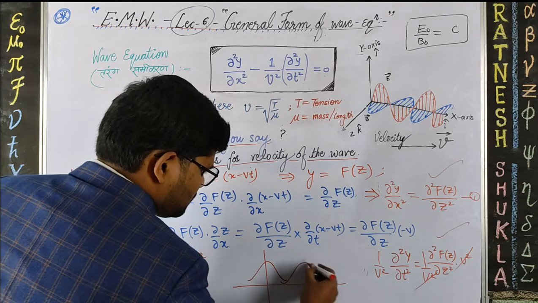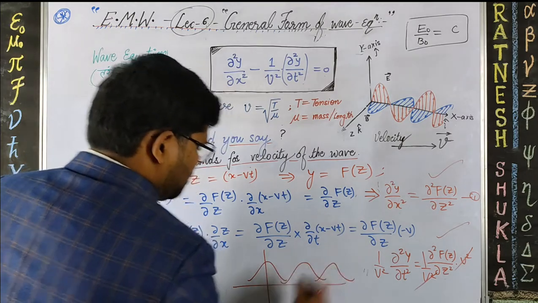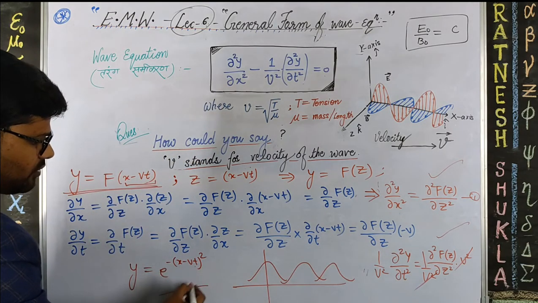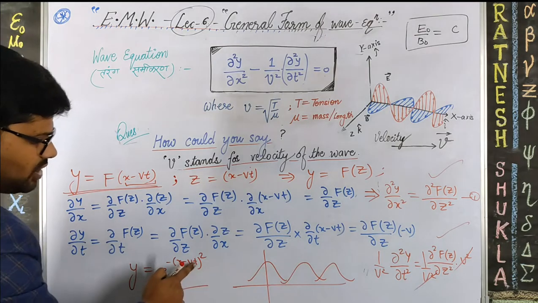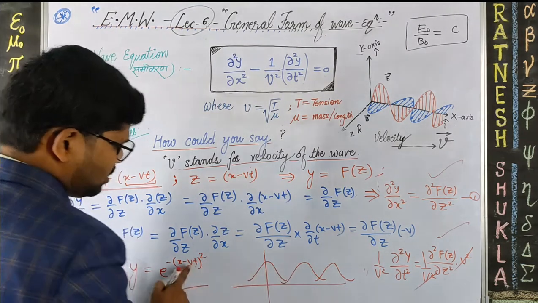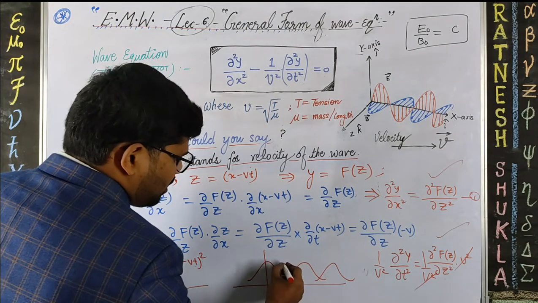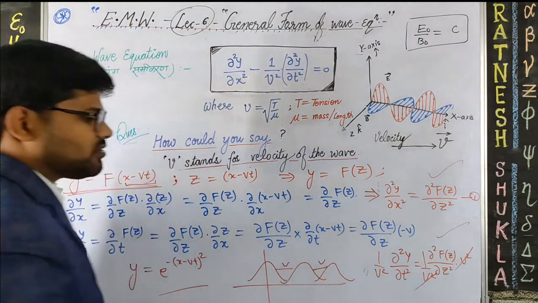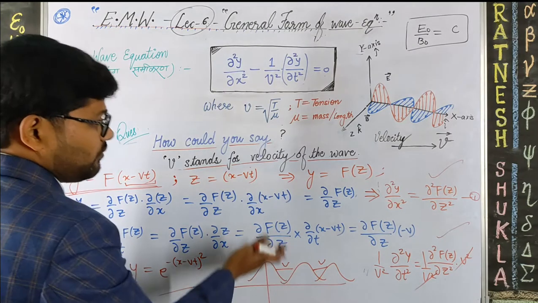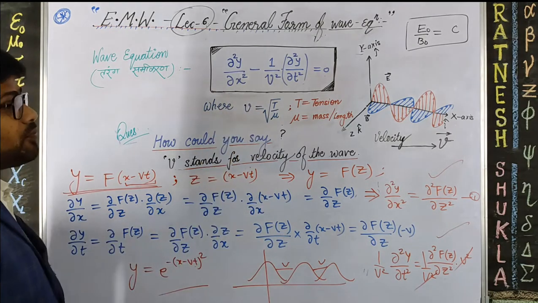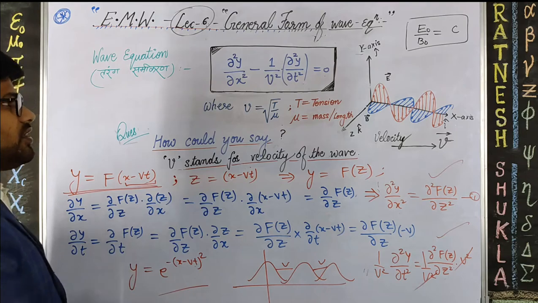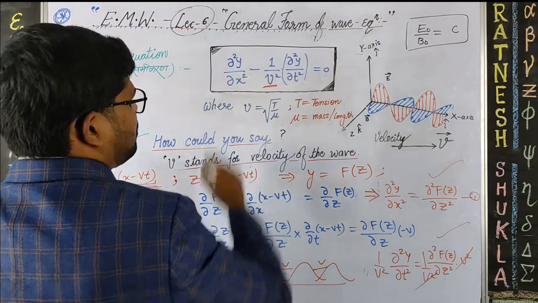If you change, at t equals 0 you will get this one. At t equals 1, you will get this way, and at t equals 2, you will get this way. The bump is shifted by v after every 1 second, means v is the velocity of the wave of propagation in this medium. So here v stands for the velocity of the wave.